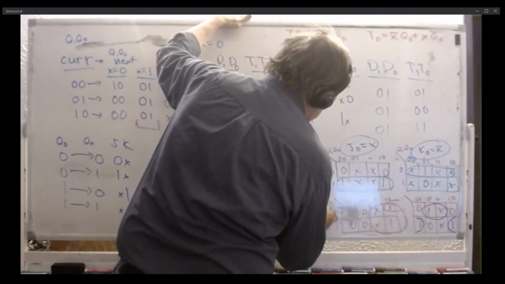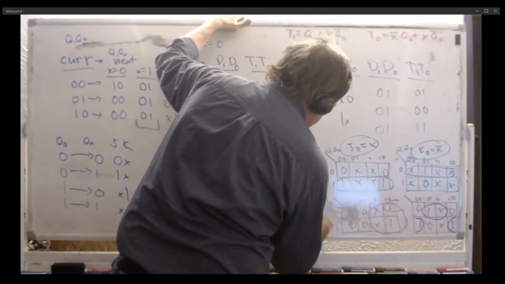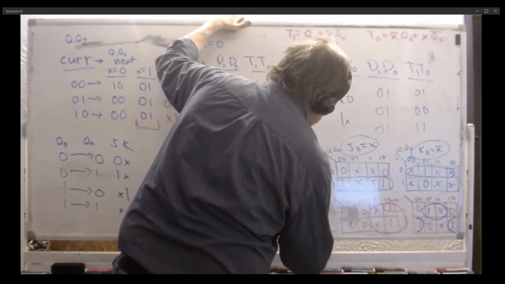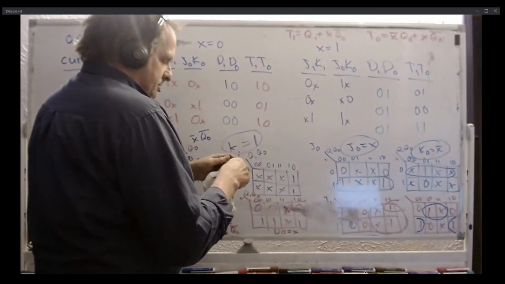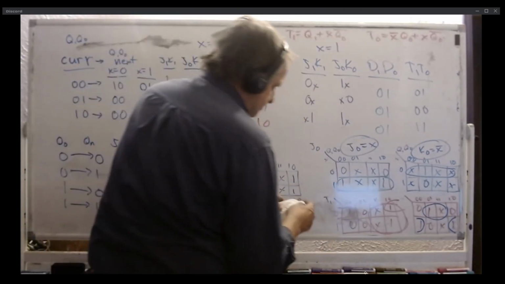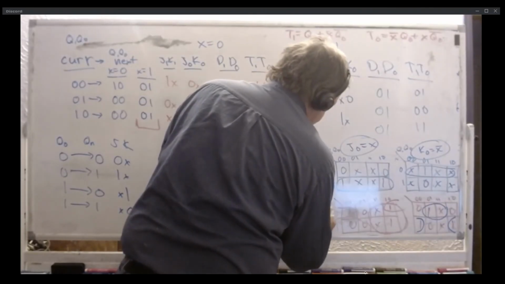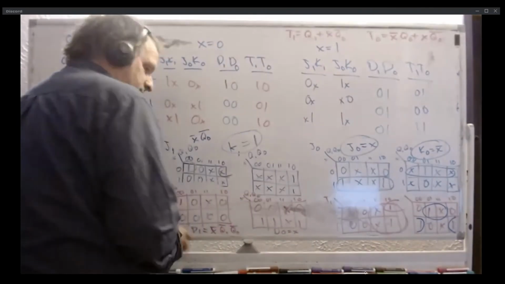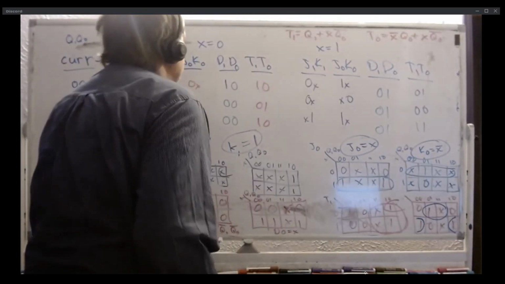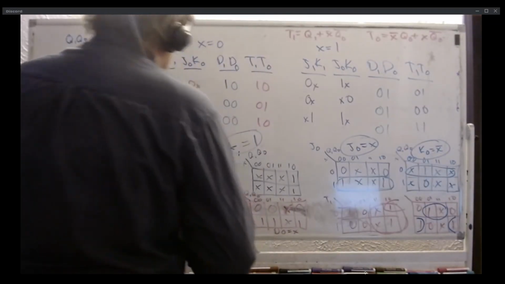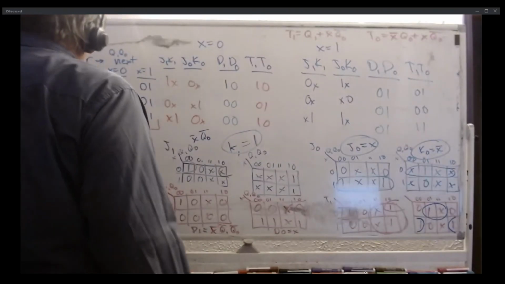I now comprehend that what we're doing here was evaluating the excitations for each and every one of the available flops for both x equals 0 and x equals 1. We created the Boolean logic for those with these 8 K-maps here. We've established that, in my opinion, we should use J0, K0, and J1, K1.